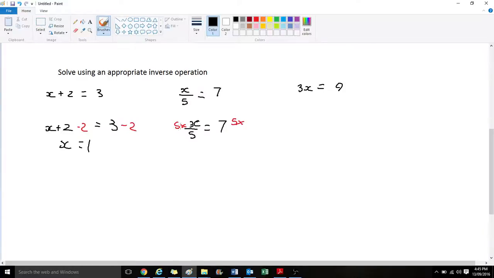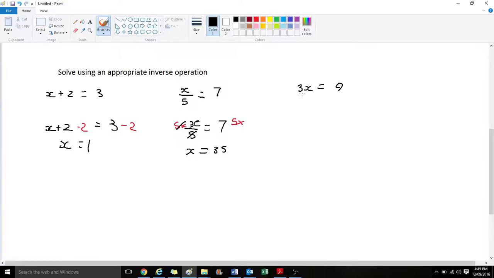So we know when we have a number times a fraction that the number is multiplying the numerator, multiplying the top. And because we have a 5 at the top in the numerator and a 5 at the bottom, they can cancel. Okay? And like we said, 5 times cancels 5 divide. Over on the other side, we have 7 times 5. So we have x is equal to 35.